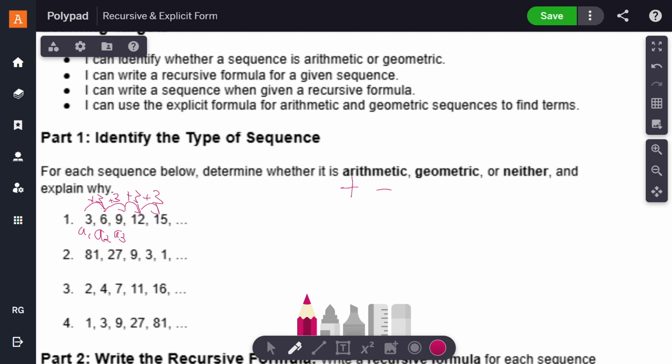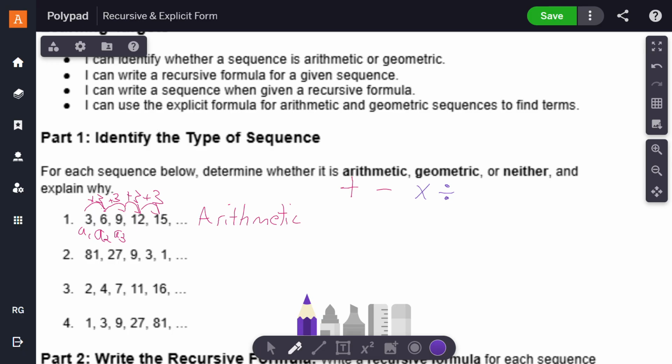So this would be called an arithmetic sequence. All right, and then geometric. If arithmetic is adding or subtracting, then for geometric, you're either multiplying or you're dividing.